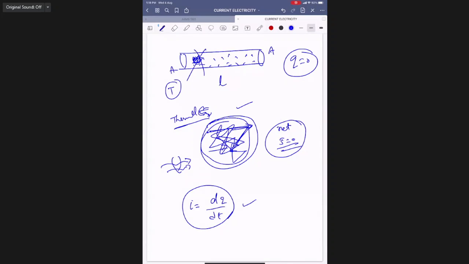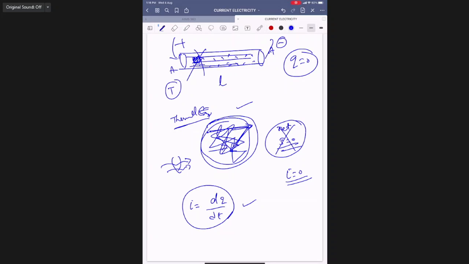It is called electric current. So there is no net displacement of charged particles through any cross section. Therefore, current inside a conductor is zero, even though there is a motion, because the net displacement is zero.